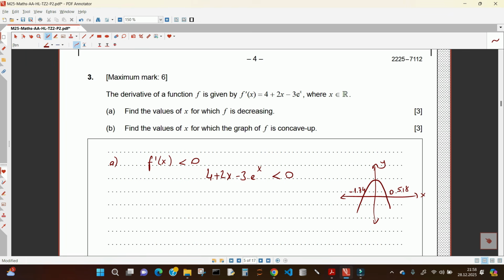So we are looking for where the function is negative. In this case, as you see in the function graph, if x is less than minus 1.74 or x is greater than 0.518, and you can accept these values too, right?